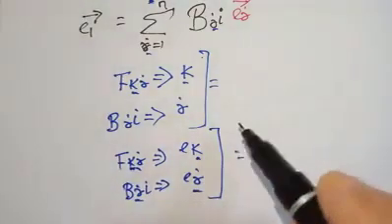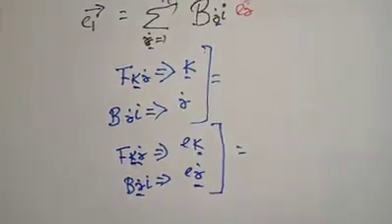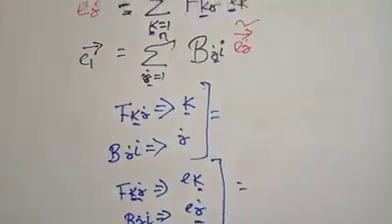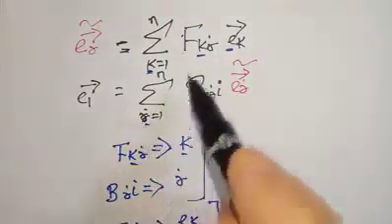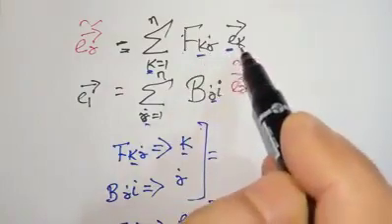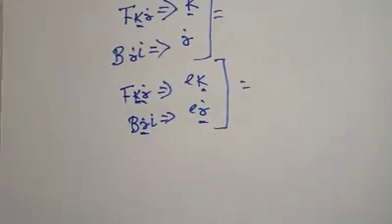So this is one part. The first index used in the summation, for f_kj, corresponds to the values of the summation of k. For b_ji, it is j, and the basis vector is e_j. I will use a different color for the second letter part. For the second letter, let me use the blue one, or the green one.